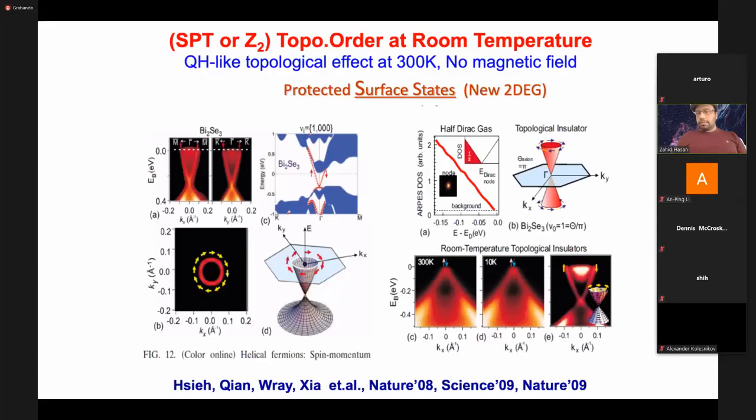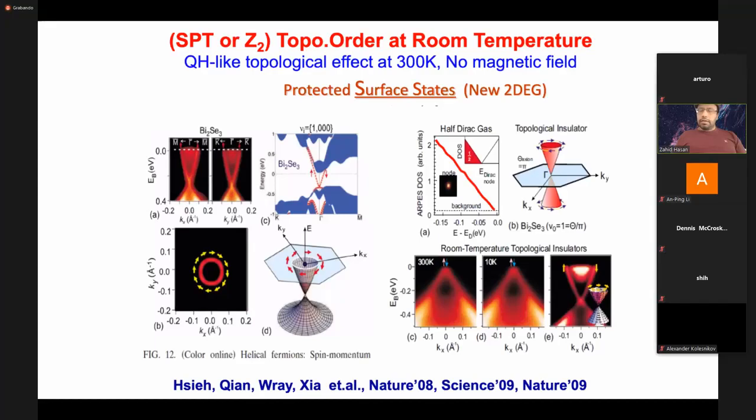You are at room temperature, no magnetic field. This is unprecedented. Before this work, there was no demonstration of room temperature topological phenomena without a magnetic field. So quantum Hall physics is always at very low temperature, and you need a magnetic field.